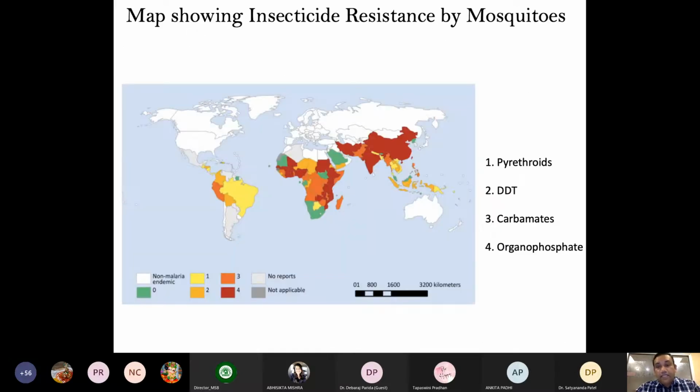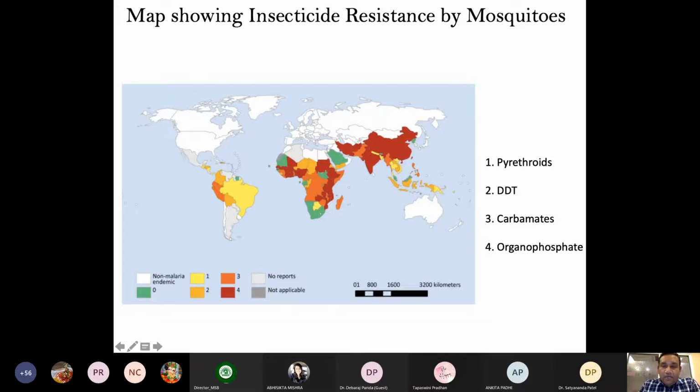Another ongoing problem with malaria is that it is normally spread by an insect vector, as everybody knows. Mosquitoes are responsible for spreading malaria, and these mosquitoes are getting resistant to all the insecticides. Here I am giving the four classes of insecticides that are commonly used: the pyrethroids, DDT, carbamates, and organophosphates.